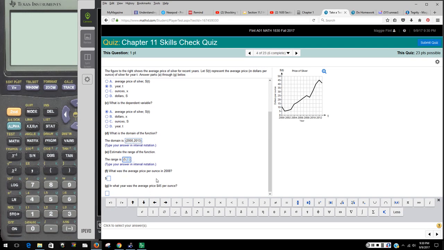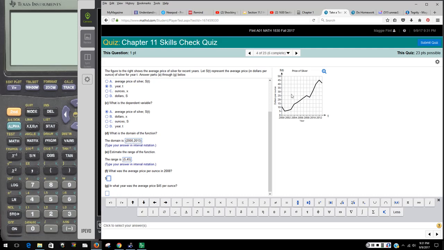And I guess I really need to get in the little blue box. And then what was the average price per ounce in 2008? Well, you go across your years until you find 2008, which is right here, and you go straight up from 2008 and find that point.